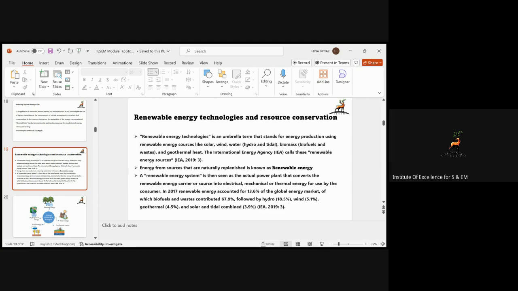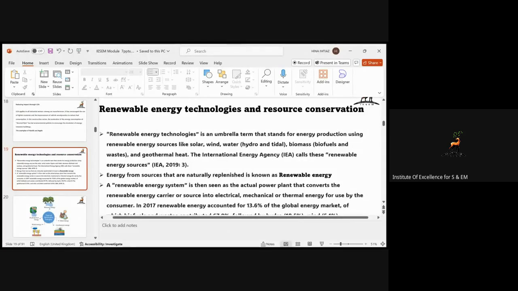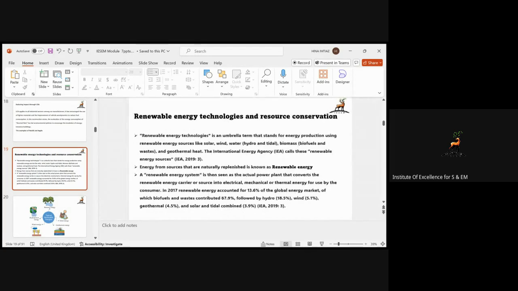Students, you have mentioned the first three, which are solar, wind, and water. And we have two more types, the first one is biomass and the second one is geothermal heat. So there are a total of five types of renewable energy technologies.